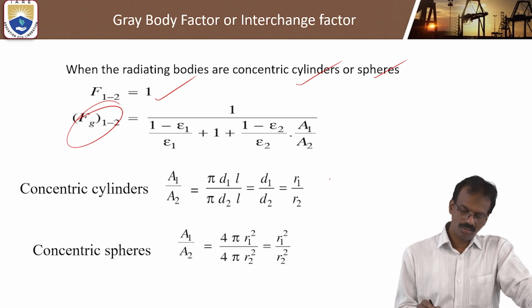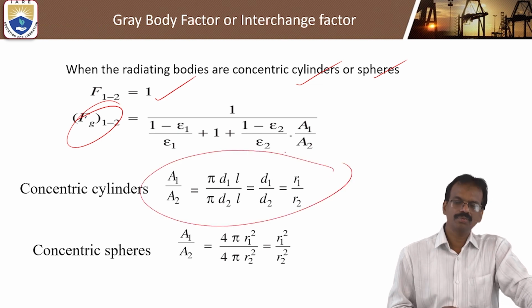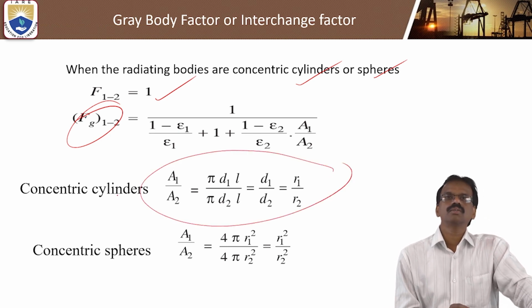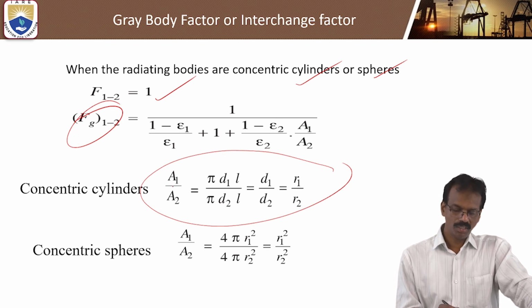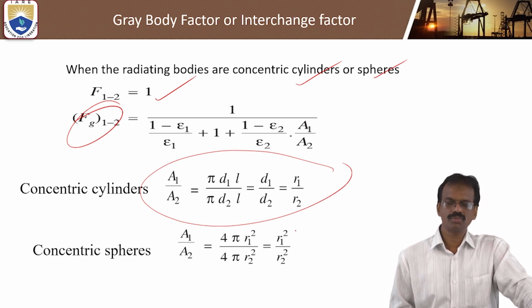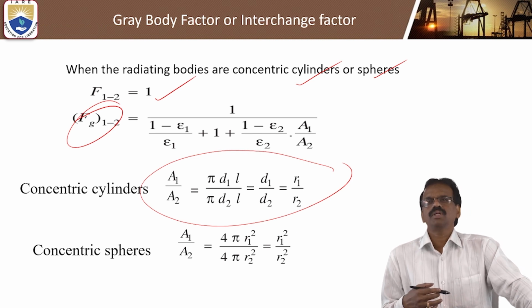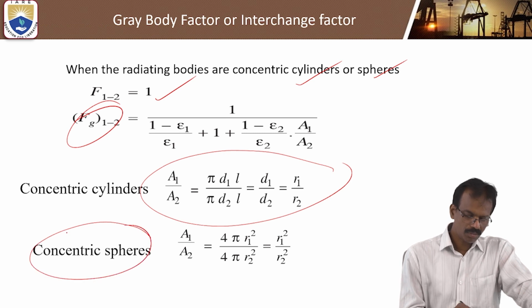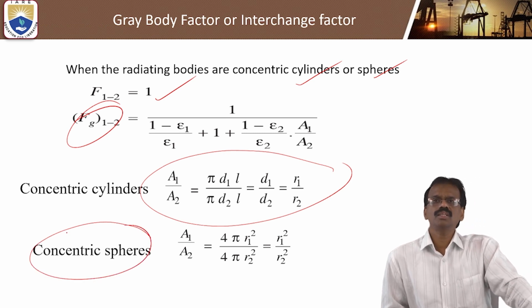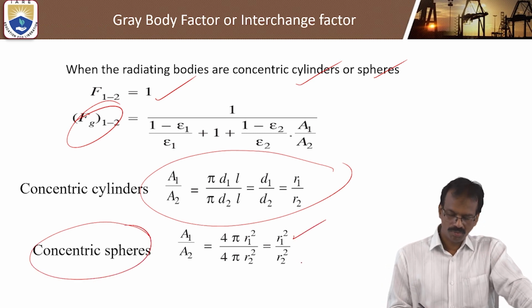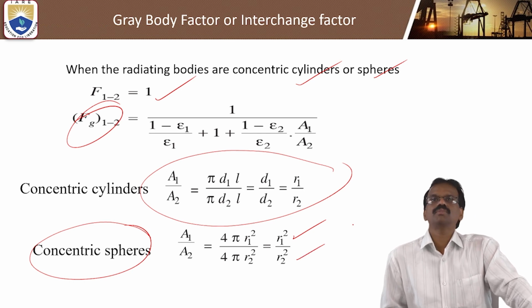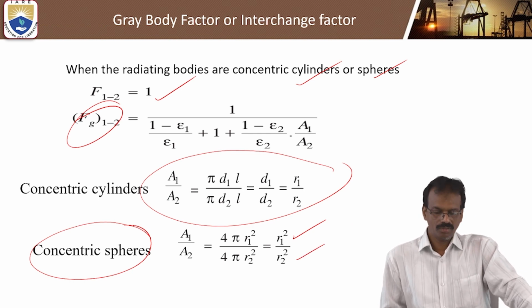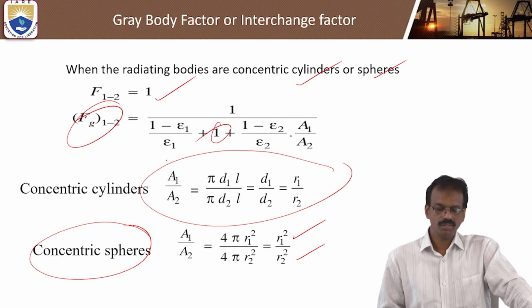For concentric cylinders, A1 by A2 means R1 by R2, so in place of areas you can write the radii. In the case of concentric spheres, A1 by A2 is equal to R1 square by R2 square. The same formula we can use, but F12 you have to take equal to 1.